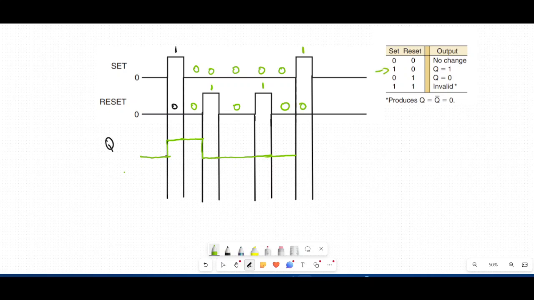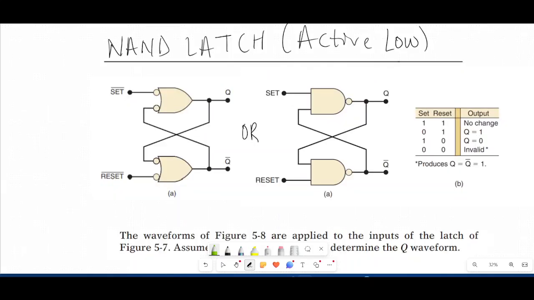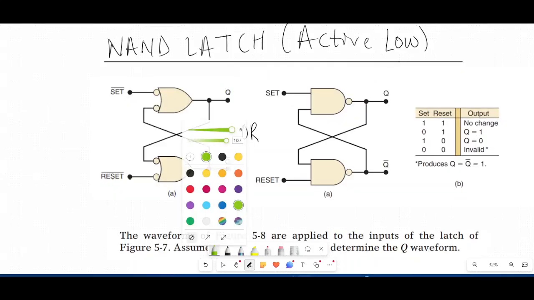That is, at this part of the table, Q becomes 1. It's going to go up. And lastly here we have set as 0 and reset as 0. That means there is no change, so it's going to keep going. And this is just the output waveform for a NOR gate. Thank you for listening. Hoping you understood the NOR gate, we're going to move on to the NAND latch.